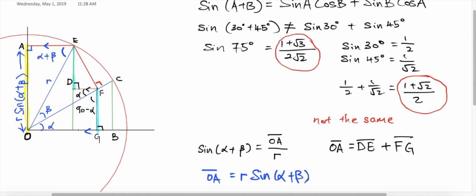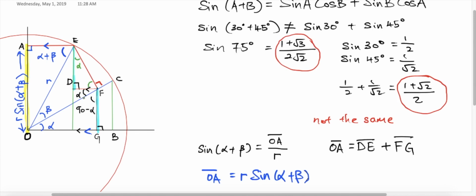This one here is also parallel to this line. So we have alternate angle. And if that's the case, since this is 90 degrees, therefore this angle is 90 minus alpha. I'm not going to write it here, it's too small. And this angle would be alpha.